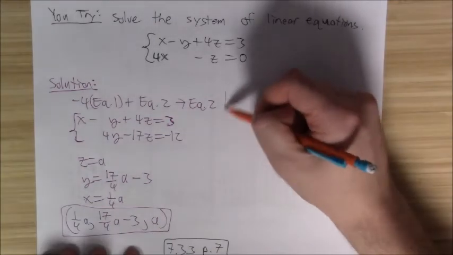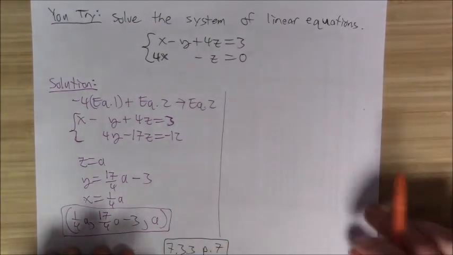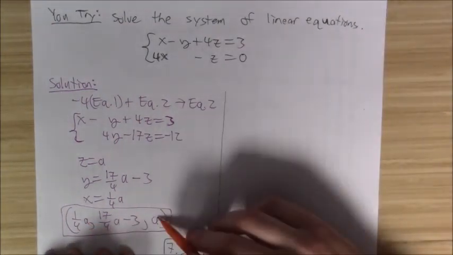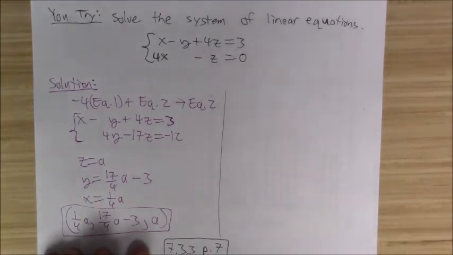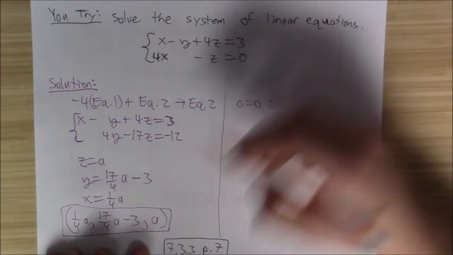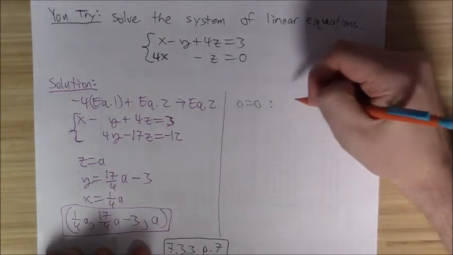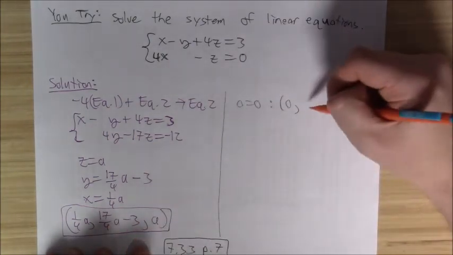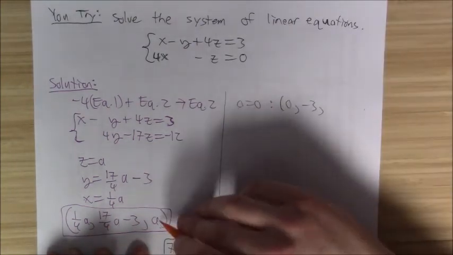As a final note, what is this really saying when we have an infinite number of solutions? Well, for instance, if we chose some a, say a equals 0, then one of our solutions is 0, comma, -3, comma, 0.